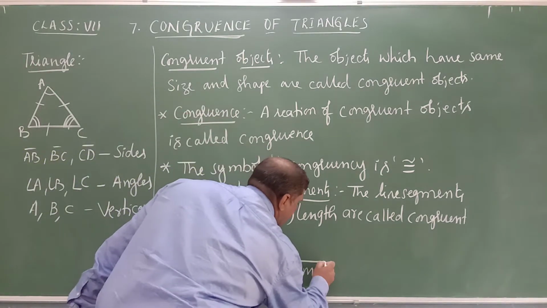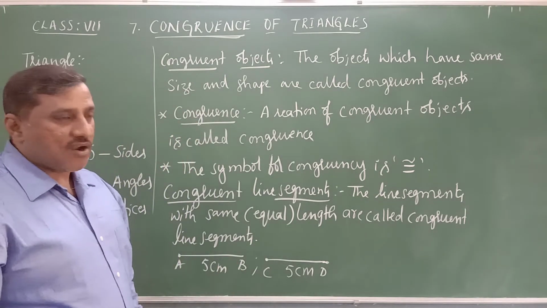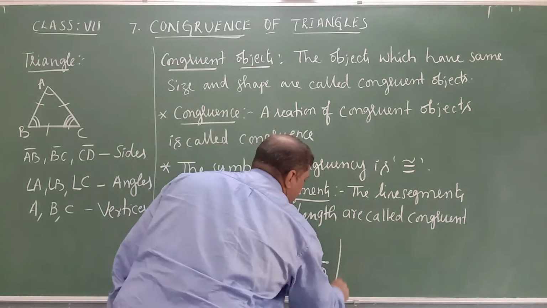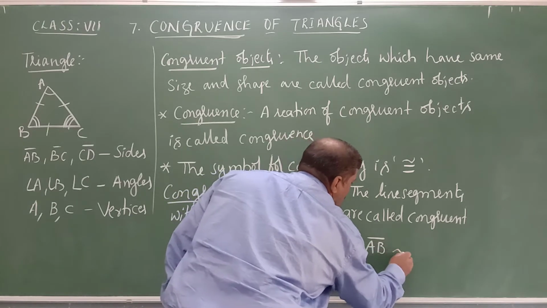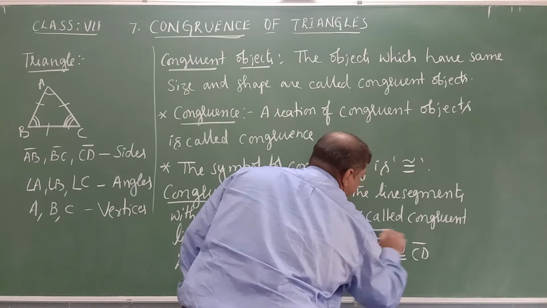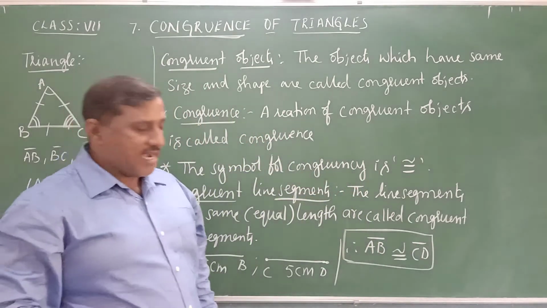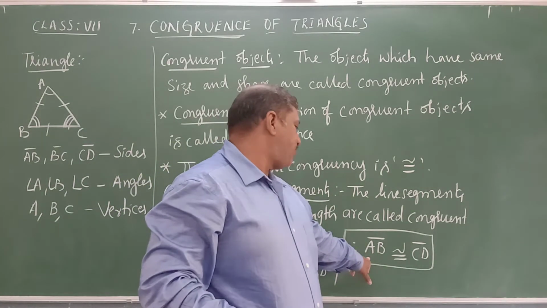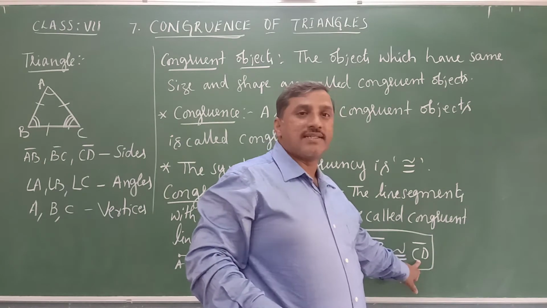Therefore, we can say AB and CD are congruent line segments. Therefore, line segment AB is congruent to line segment CD. We will write this symbolically. How do we read it? Line segment AB is congruent to line segment CD.